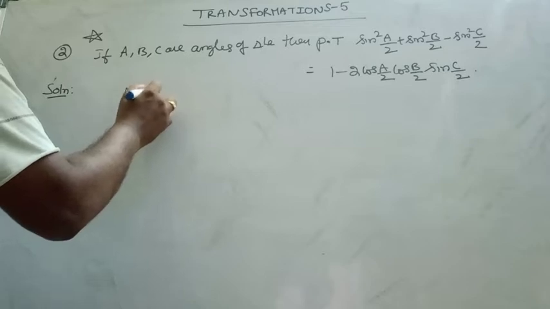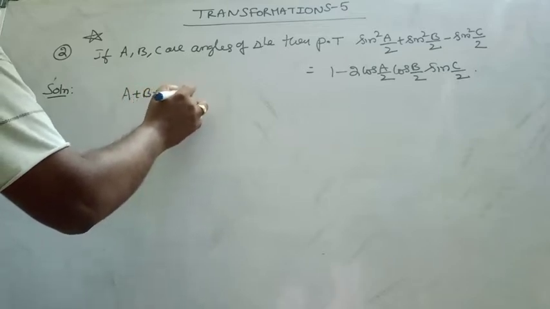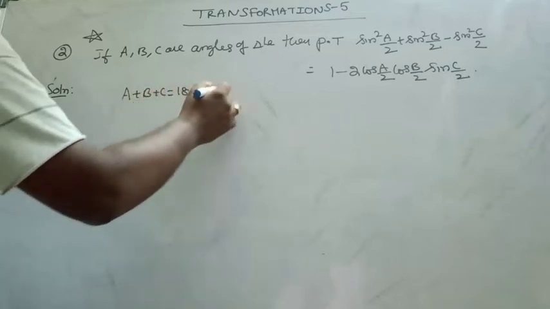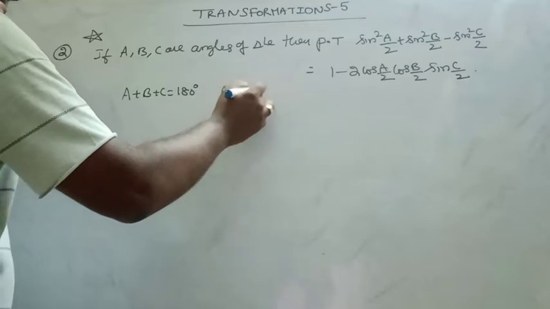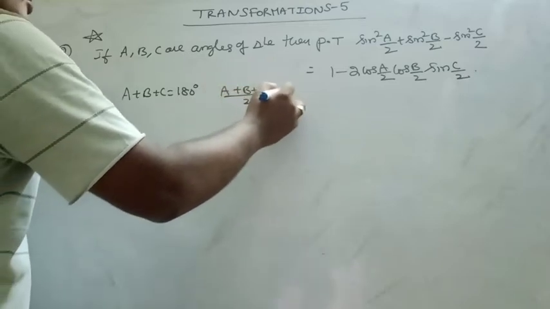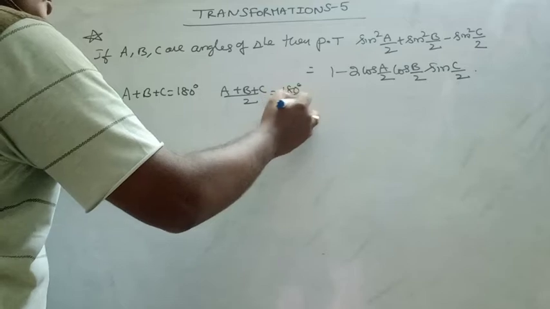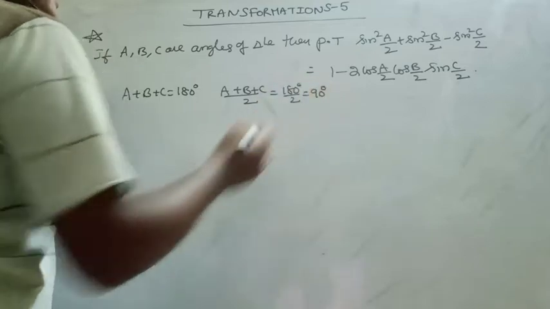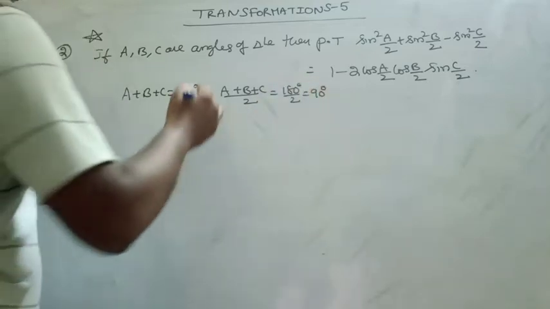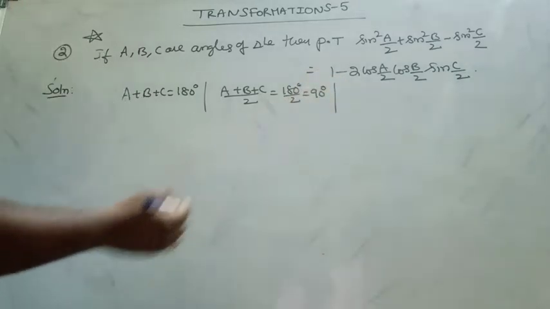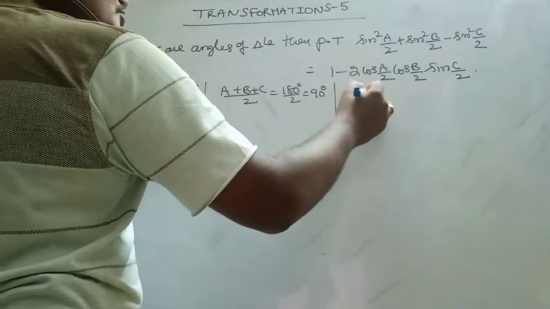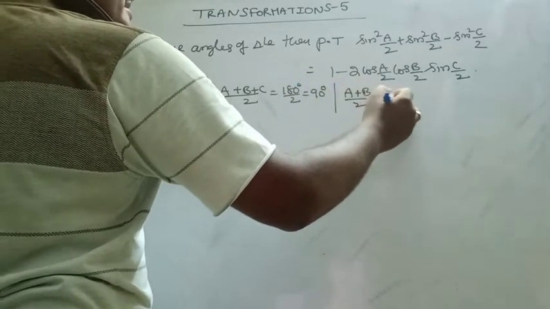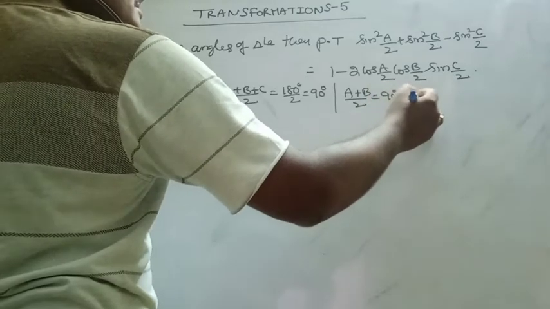we know that A + B + C = 180 degrees, and so (A + B + C)/2 = 180 degrees by 2, that is nothing but 90 degrees. Once we have got this, now (A + B)/2 = 90 degrees − C/2.